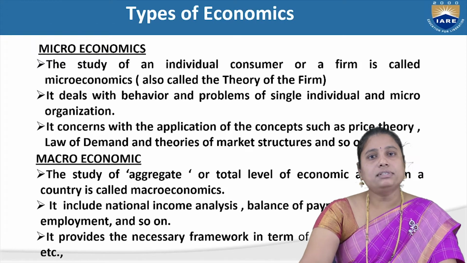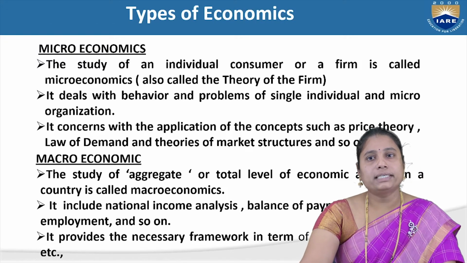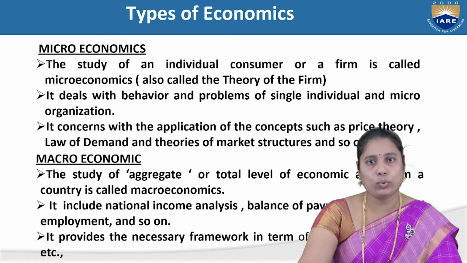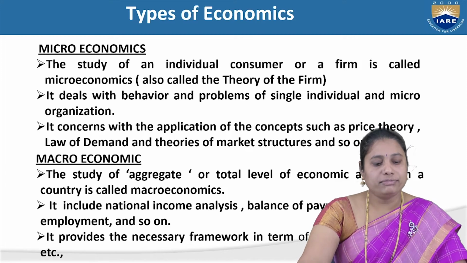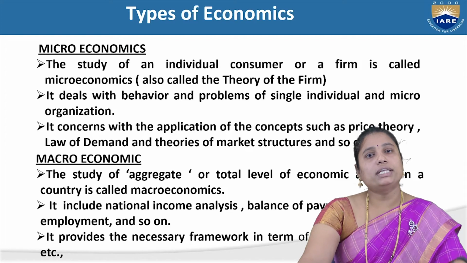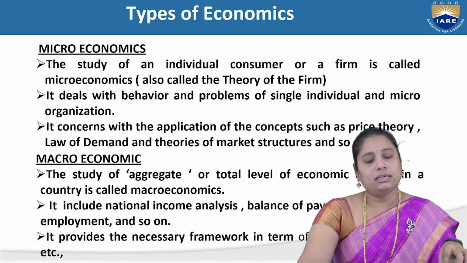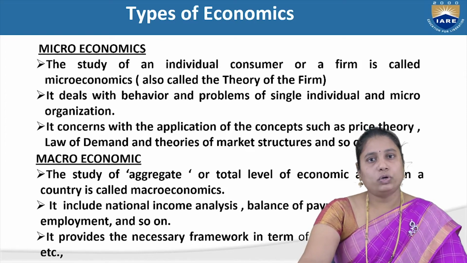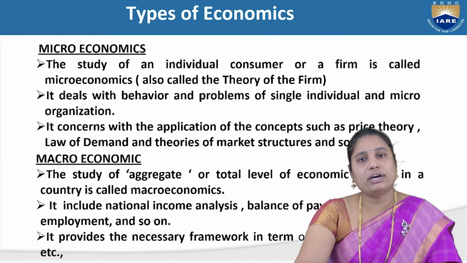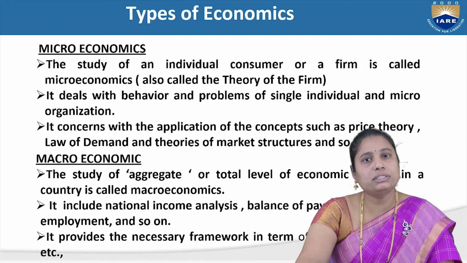Economics is categorized into two elements: microeconomics and macroeconomics. Why have we segregated this? If we want to study the economy, whatever the subject, we must separate the controllable factors and uncontrollable factors in our hands.